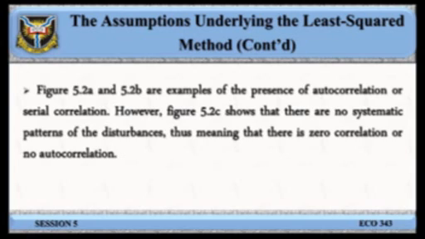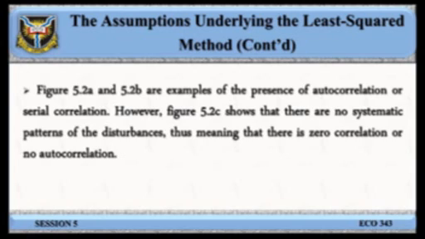In other words, the number of observations n must be greater than the number of explanatory variables. 7. There must be variability in x values. The x values in a given sample must not all be the same. Technically, variance of x must be a finite positive number.